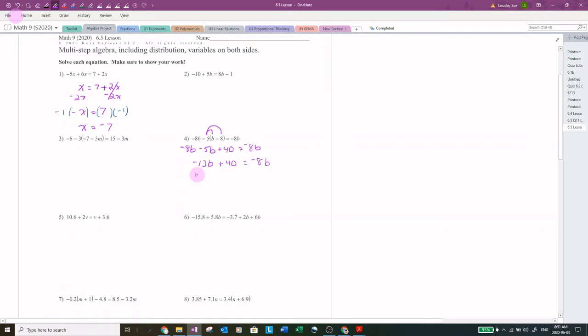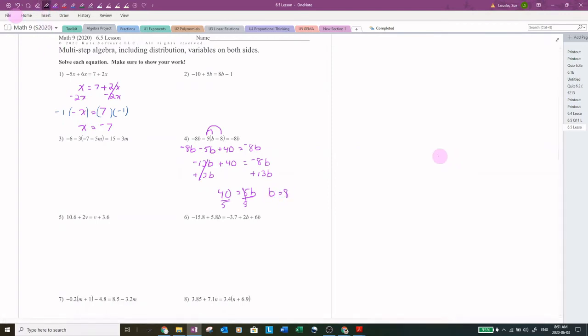And then I'm going to add 13b to the left side and add 13b to the right side. Those cancel. I get 40 equals 5b. Divide by 5, divide by 5, b equals 8.